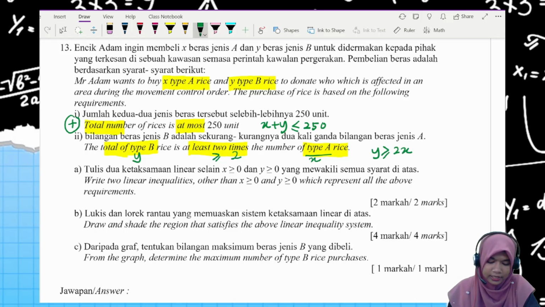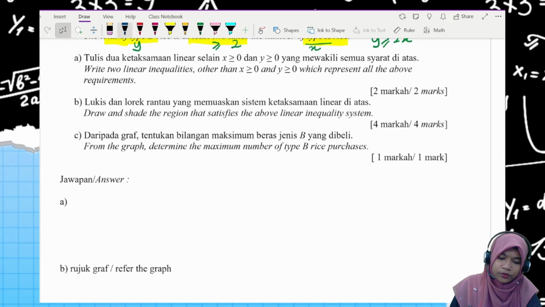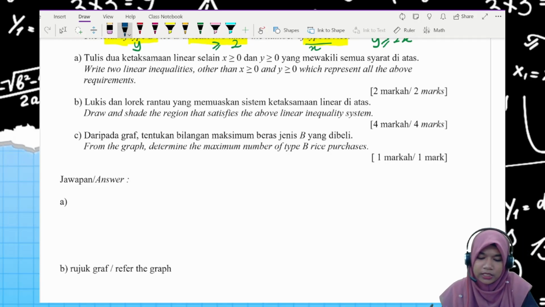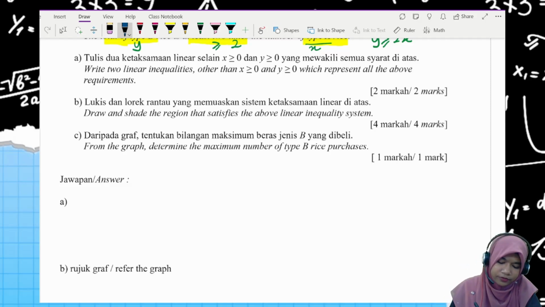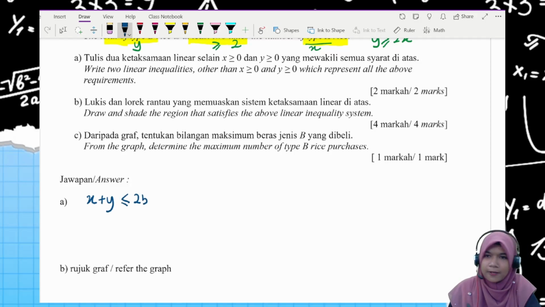So the answer for question A, write 2 linear inequalities which represent all the above requirements. The first requirement is x plus y less than or equal to 250, and the second inequality is y greater than or equal to 2x.